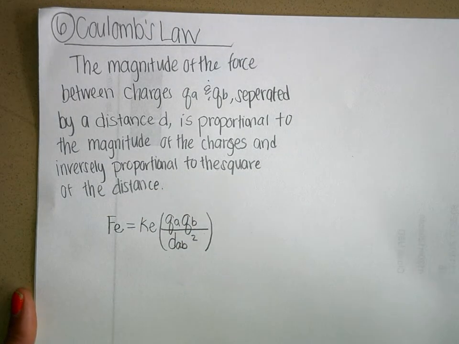So you can say Q1 and Q2 if you want. I find it easier to use letters than numbers because you have a lot of little numbers in your equations, so it makes it easier to keep track of what's going on. So this is the equation you're going to be using for all your homework assignments the rest of this week and next week.